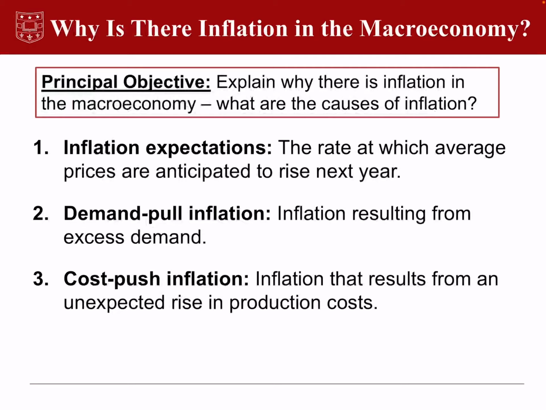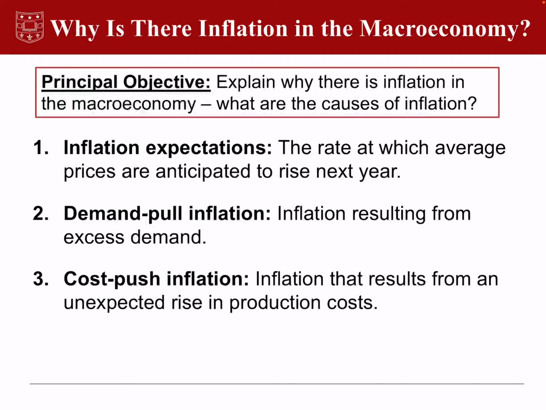One is the existence of inflation expectations, which is, in other words, looking ahead to, say, next year and incorporating those expectations into current pricing behavior now. The second reason why inflation happens in a macroeconomy is because of demand pull inflation. So, this is inflation that is unanticipated or unexpected and occurs as a result of shocks to the demand side.